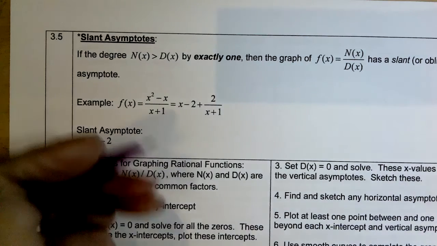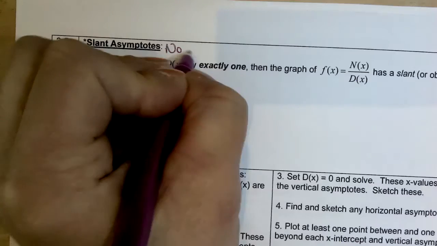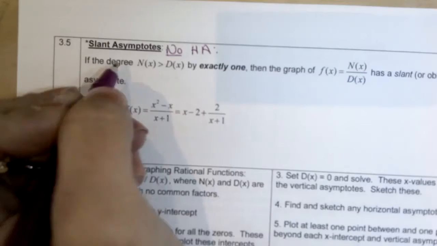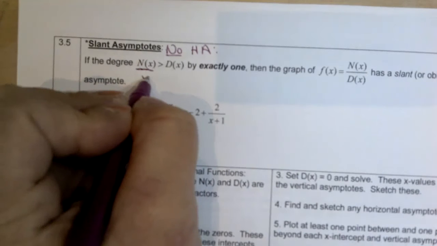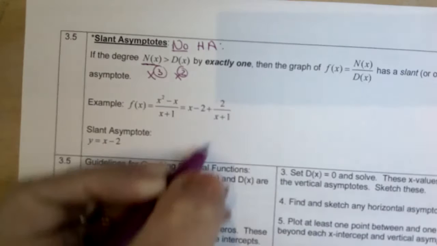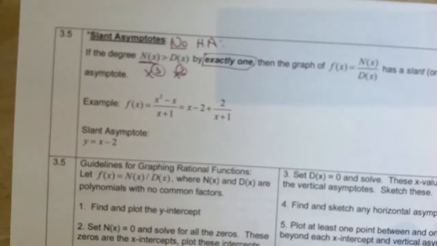All right, so let's take a look now at slant asymptotes. Slant asymptotes occur if there is no horizontal asymptote. In other words, the numerator is larger than the denominator by exactly 1.